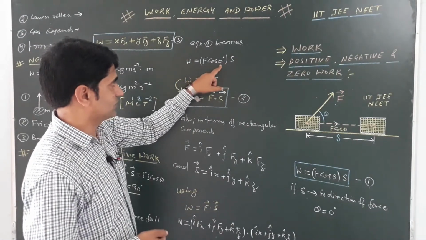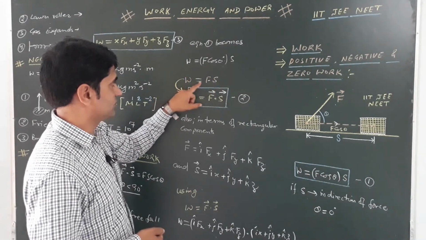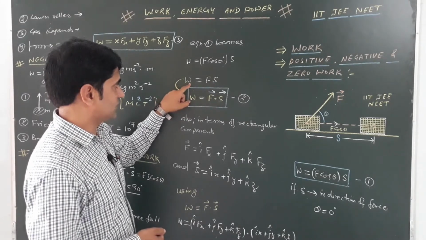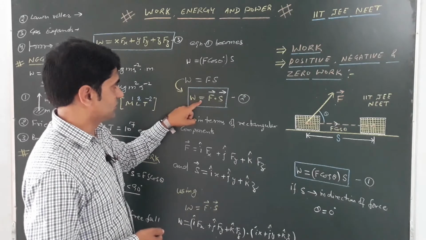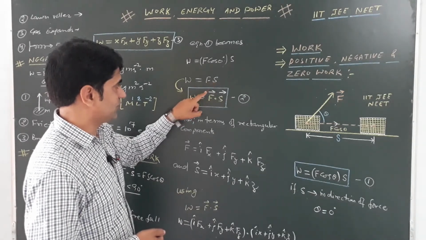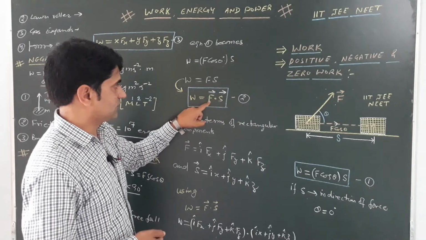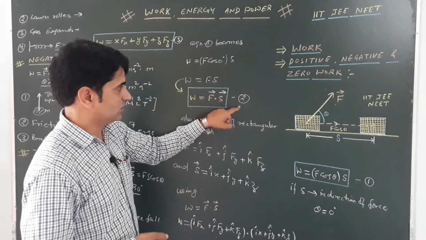We know that cos 0 equals 1, so the work done equals force into displacement. Work done is a scalar quantity. We can also write it as the dot product of the two vector quantities, force and displacement. This is equation number 2.